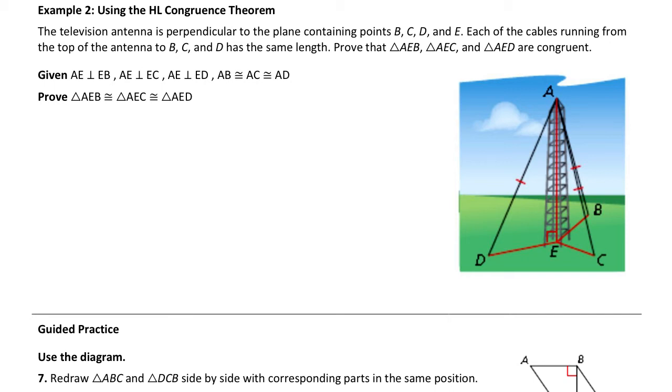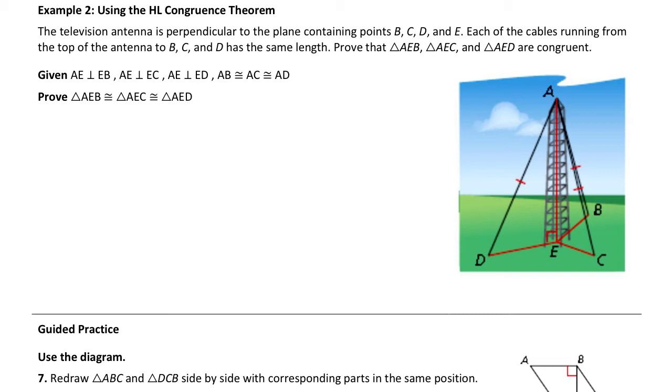So this diagram says the television antenna is perpendicular to the plane, so the ground, containing B, C, D, and E. Each of the cables running from the top of the antenna to B, C, and D has the same length, and those are marked. We're proving that all three of these triangles created around the tower are congruent.